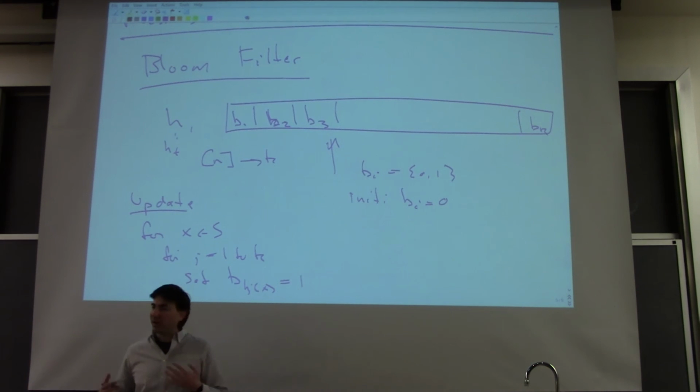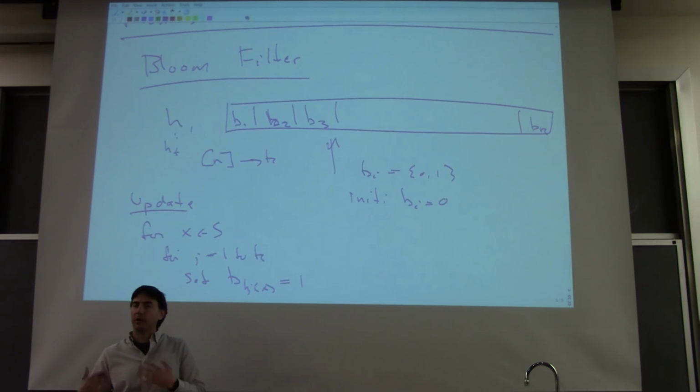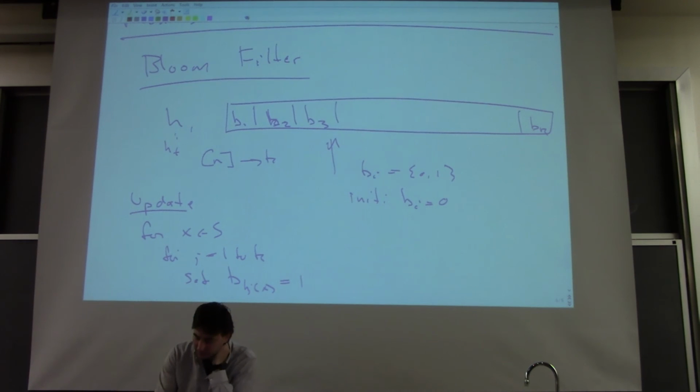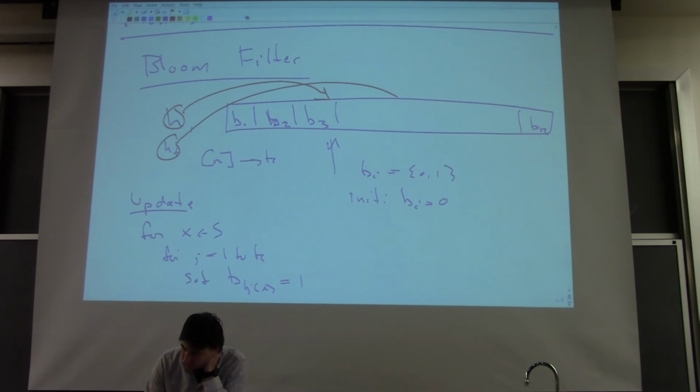So if it was already 1, it stays 1. If it was 0 before, it gets set. Okay? And so I've hashed multiple hash functions into the same domain. Right? So this hash function might end up here, and this one might go here. So I'm going to set both of these values to 1.